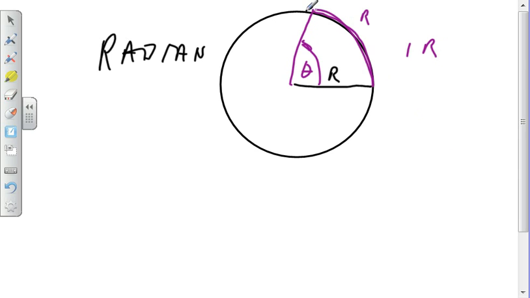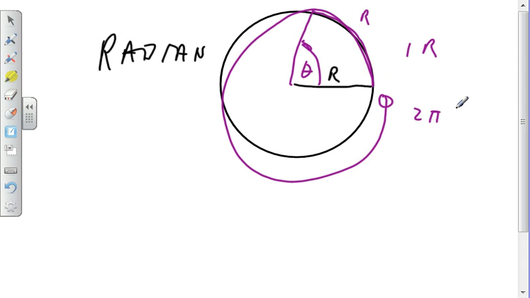So when I go all the way around the entire circle, I have 2 pi radians, because the circumference of a circle is pi d, which is 2 pi r. Okay, so that's cool.